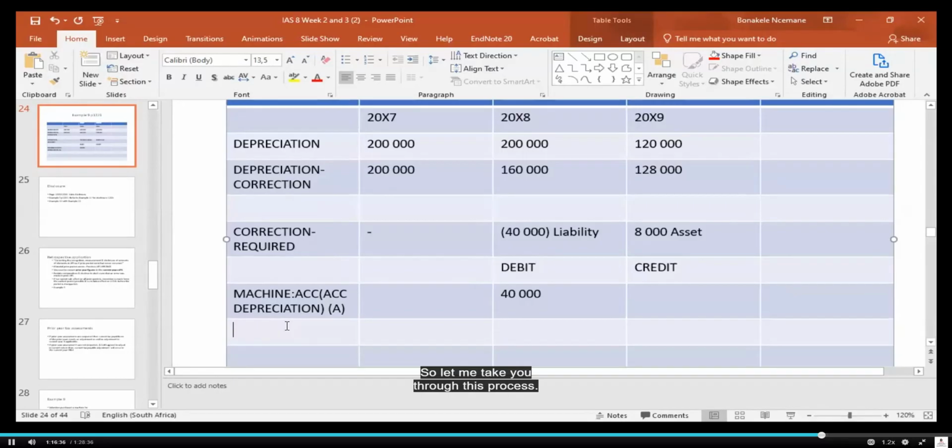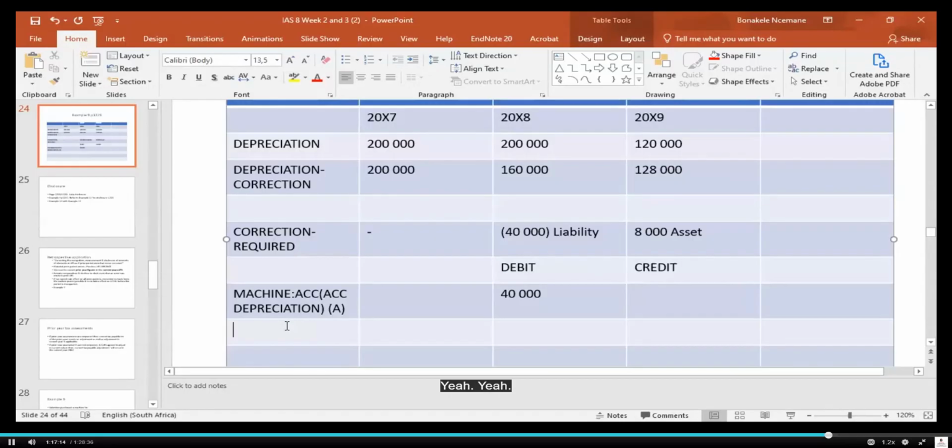So let me take you through this process. This 40,000 more, where did we record it? On the statement of comprehensive income. So by recording 40,000 more on our statement of comprehensive income, what impact did it have on the profit before tax? It decreased our profit before tax, isn't it?